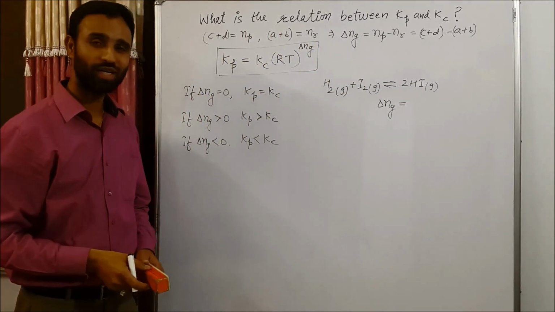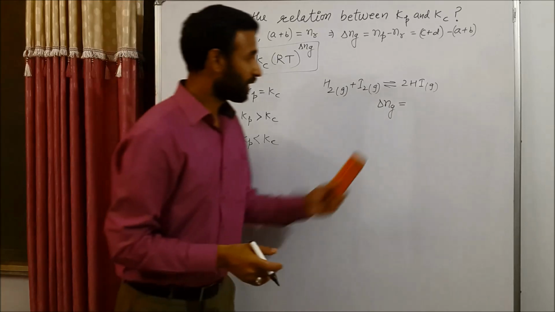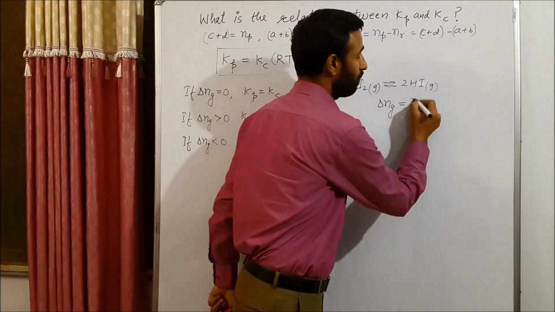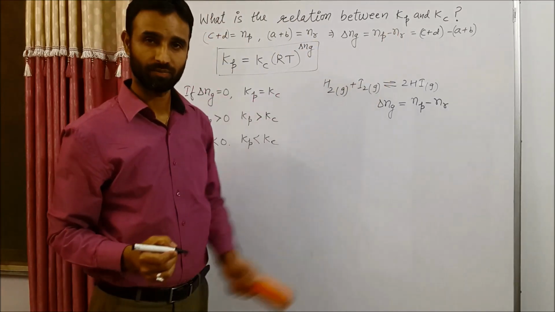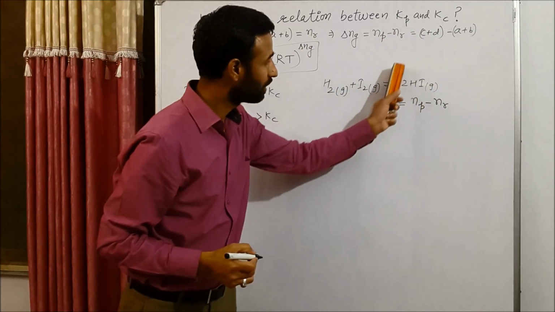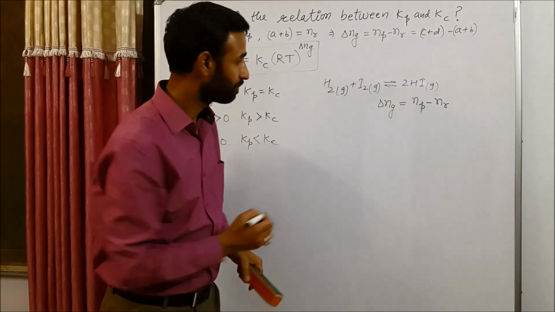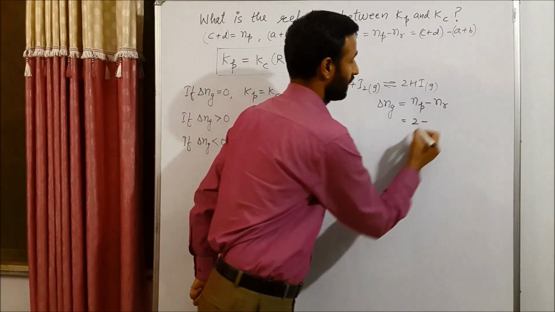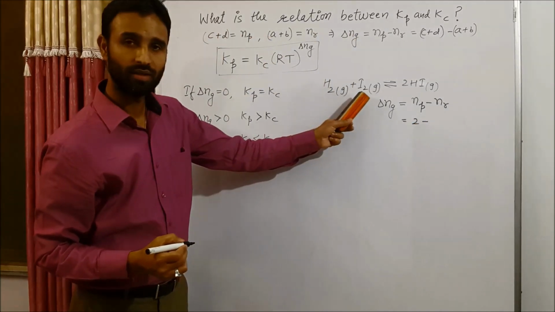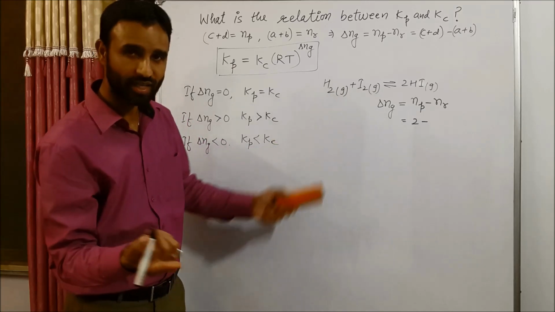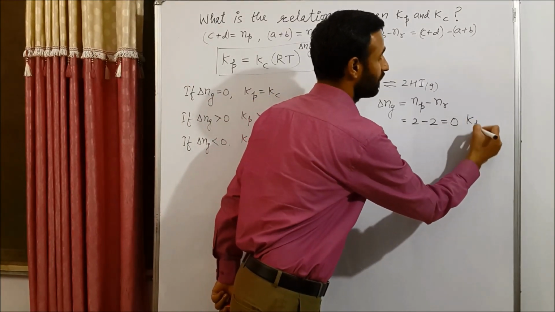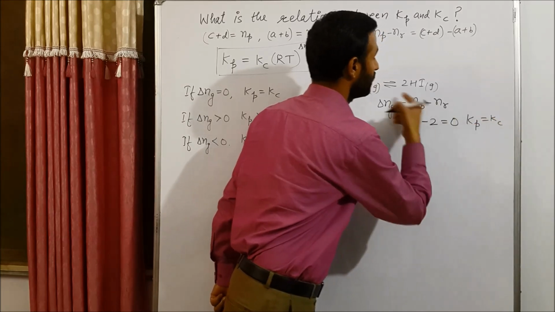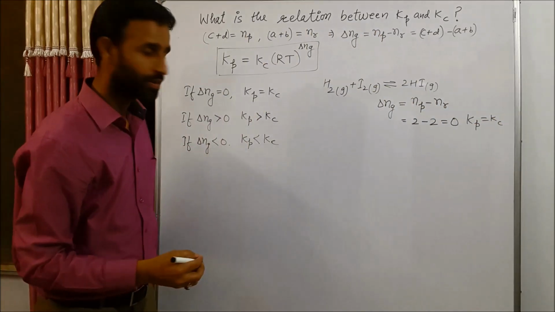Yes, calculate. Delta Ng is number of moles of product minus number of moles of reactant. On the product side, there are 2 gaseous moles. In reactant, 1 plus 1, again 2. So it is 0. That implies Kp is equal to Kc for this reaction.